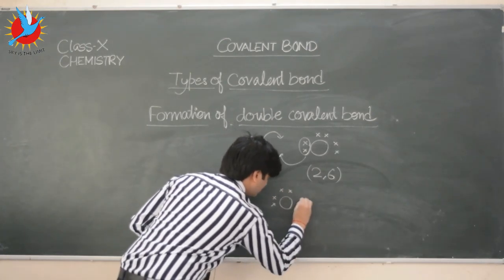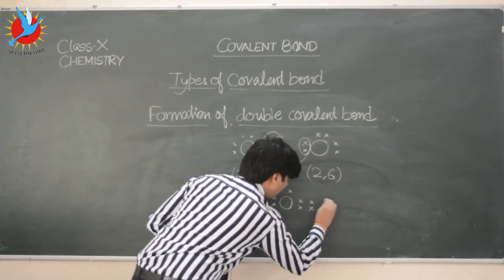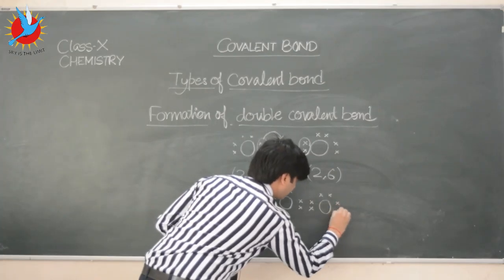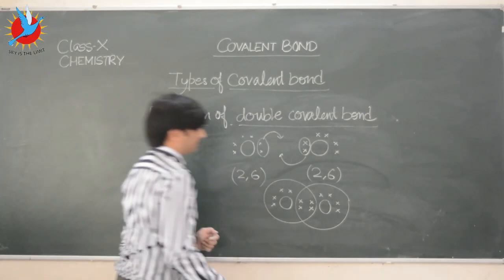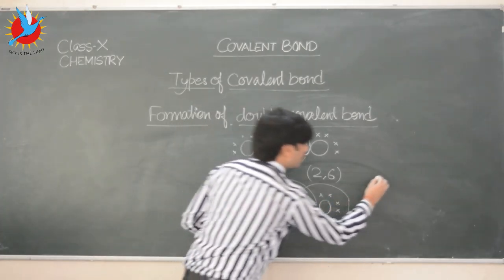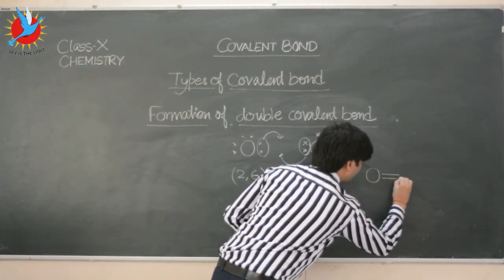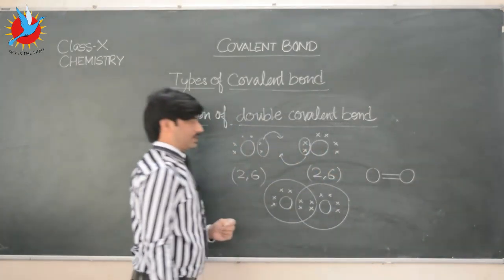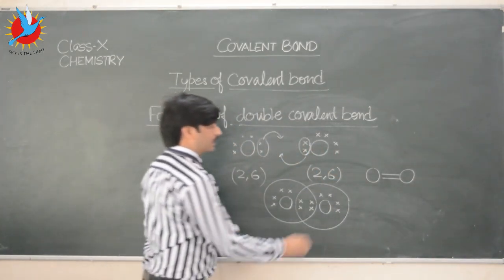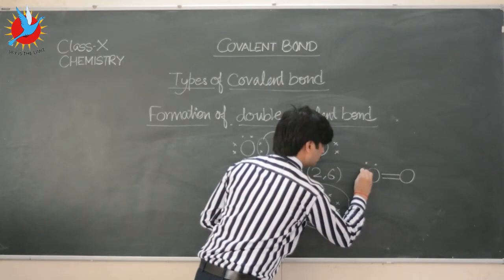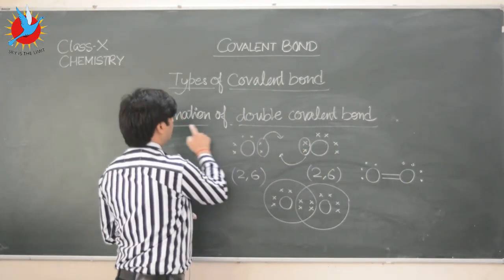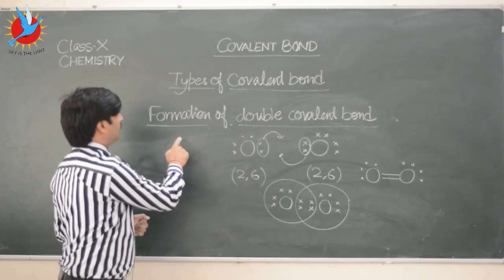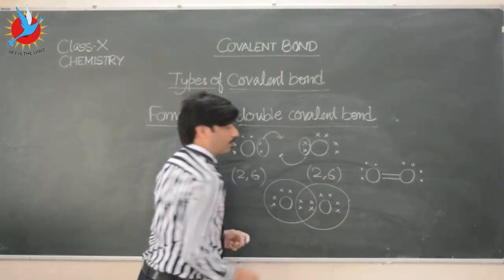So this represents the formation of double covalent bond, and can be represented with the help of 2 horizontal lines, and this represents the oxygen molecule, and this is the example of formation of double covalent bond.